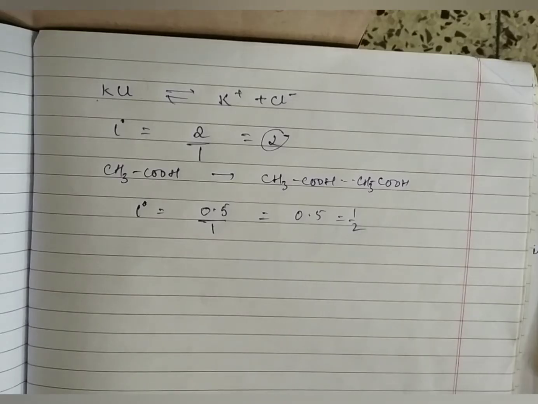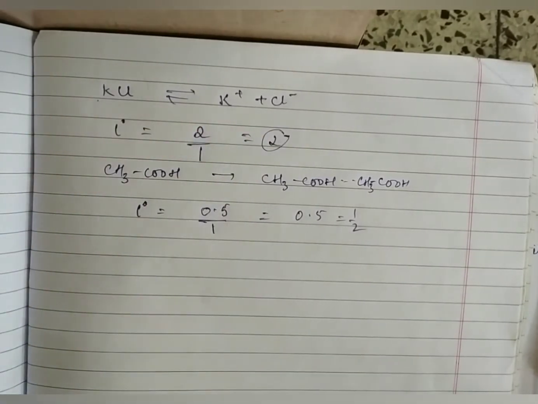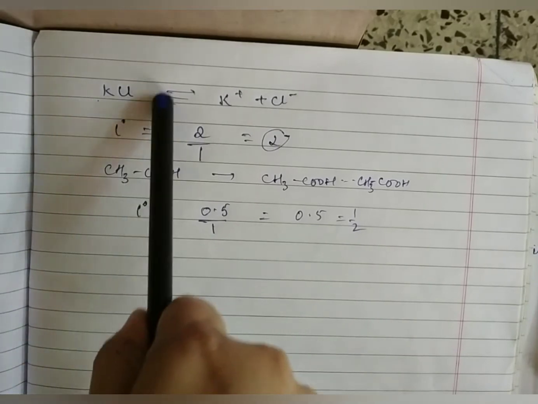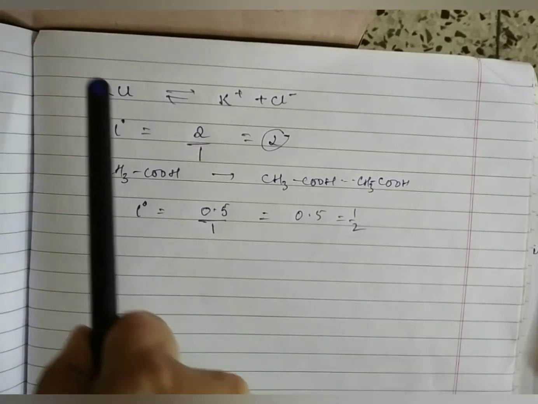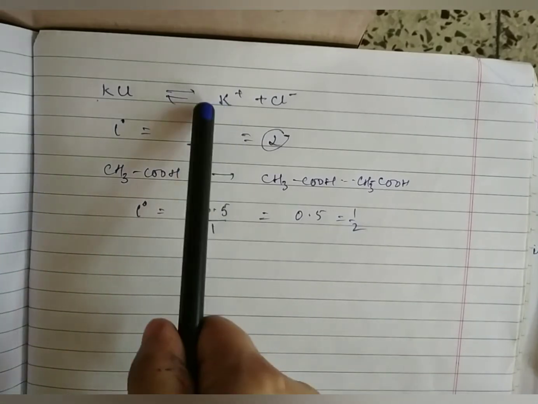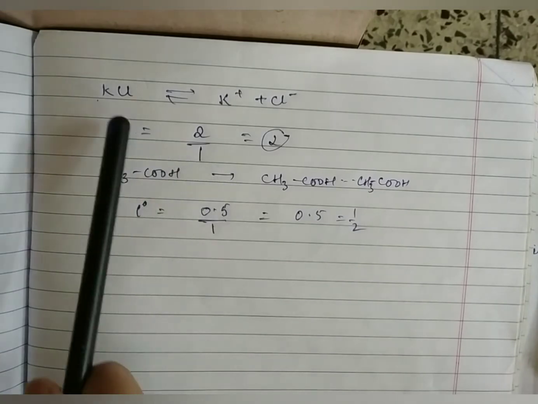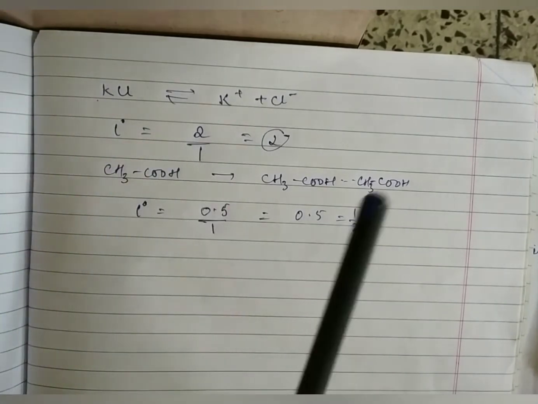Here, when we learnt how to calculate the Van 't Hoff factor, the example that we took was KCl. Now KCl being a purely ionic solid, it will undergo 100% dissociation, that means complete dissociation into K plus and Cl minus ions. So the degree of dissociation in case of KCl is 100%.